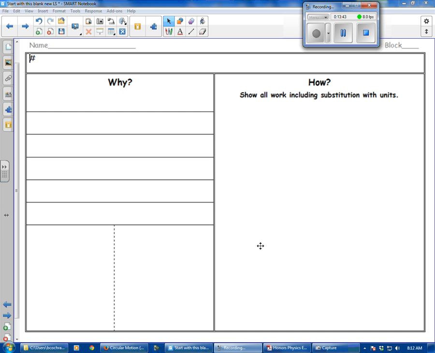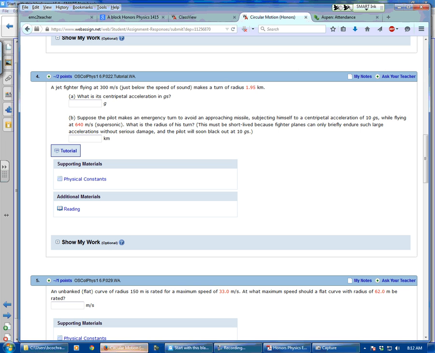All right, so number 4. Remember, a jet fighter just below the speed of sound makes this turn at this radius. Oops, kilometers. I should make sure I put that in meters. What's the centripetal acceleration in g's?